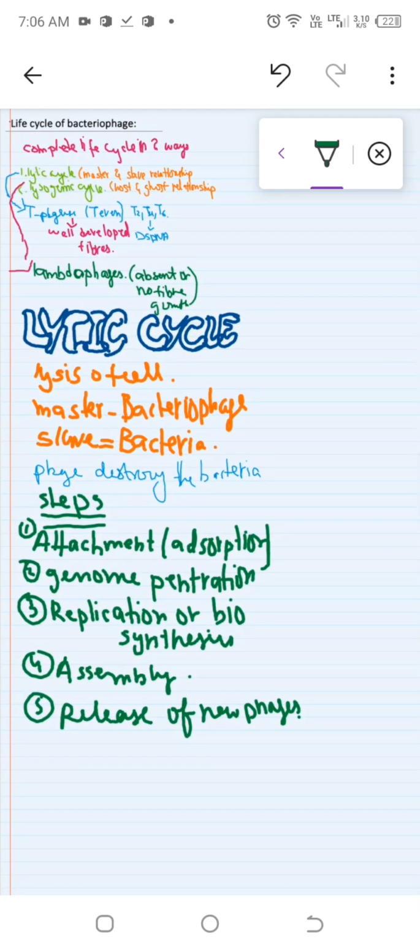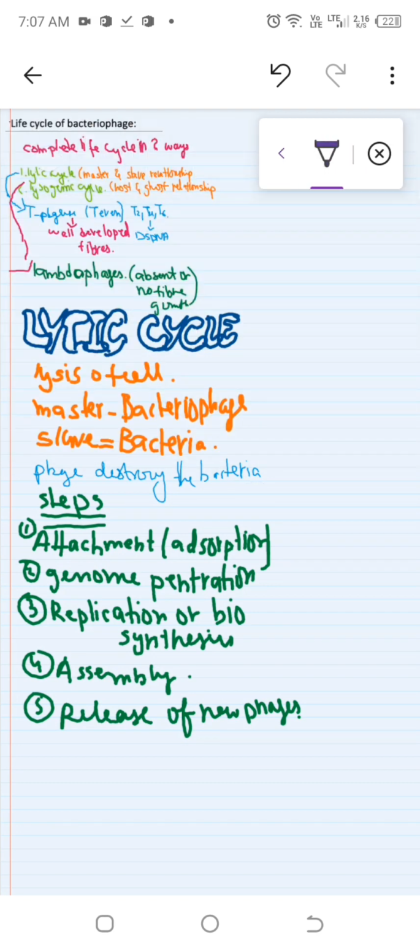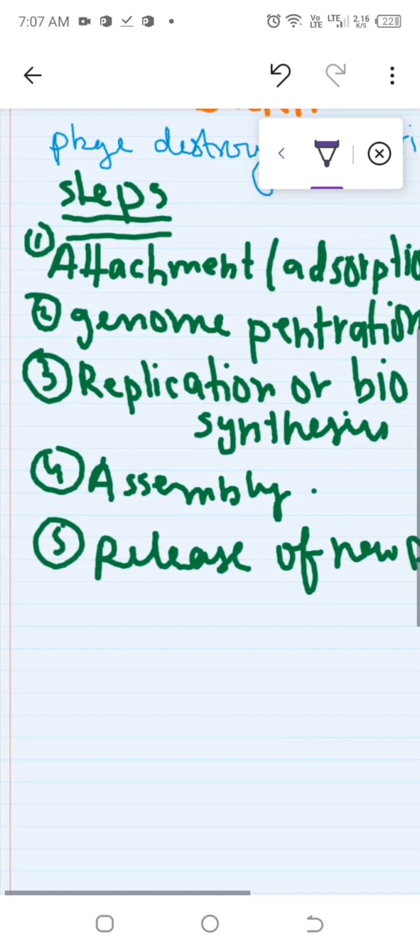Now we should discuss each phase in detail, starting with the first phase, attachment and adsorption.